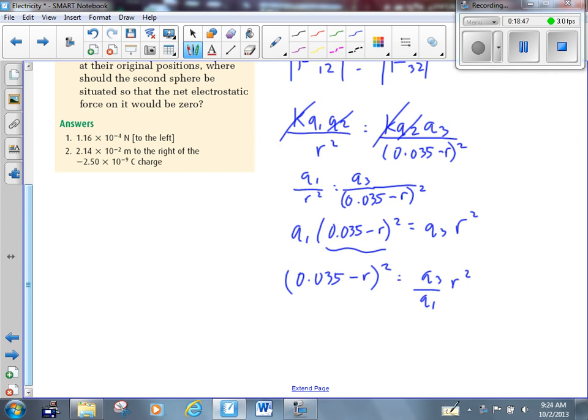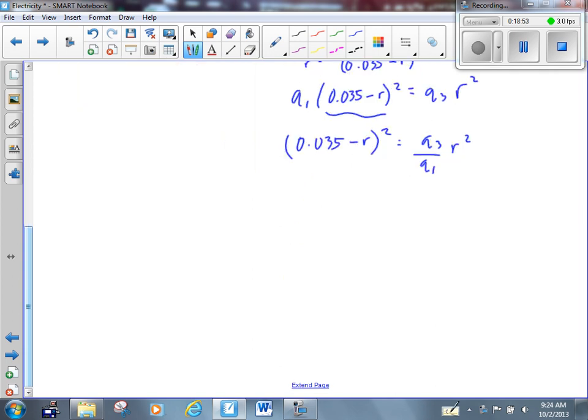Now what? Square roots both sides. Let's square root both sides. So we've got 0.035 minus R equals the square root of Q3 over Q1 times R. Does that make sense? I've square rooted Q3 over Q1. I also square rooted R squared, but square root of R squared is just R.